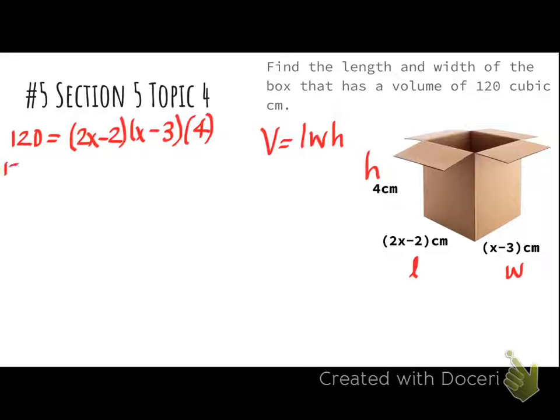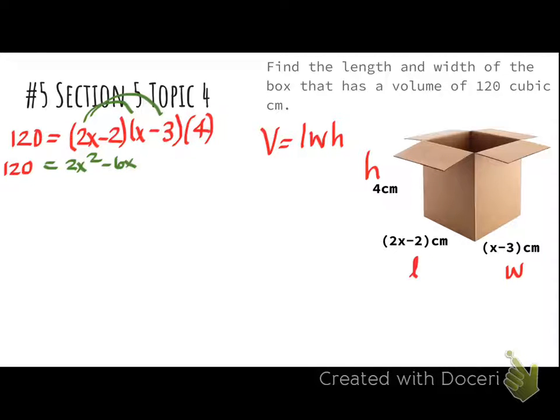So I'm going to go ahead and drop down 120, and then we're going to multiply the 2x times everything in the other parentheses. So 2x times x is 2x squared, and then 2x times negative 3 is negative 6x.